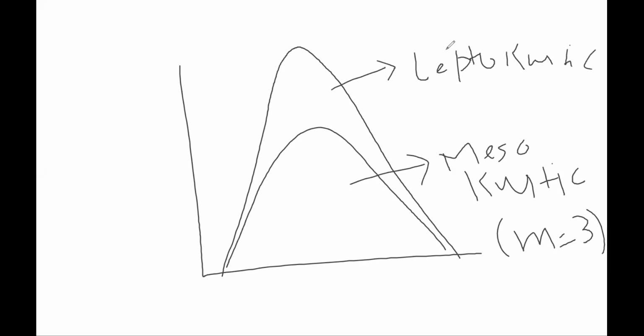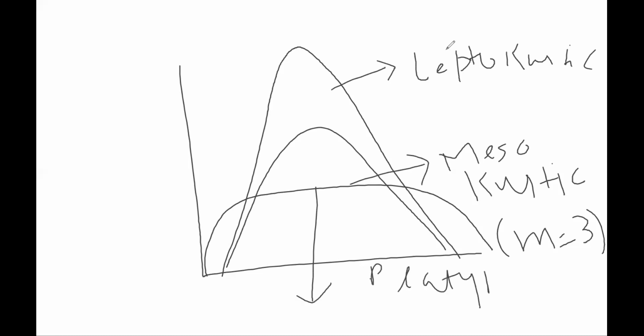And if it becomes broader like this, we will call it platykurtic. So M would be more than 3 for leptokurtic, equal to 3 for mesokurtic, and less than 3 for platykurtic. This is called kurtosis.